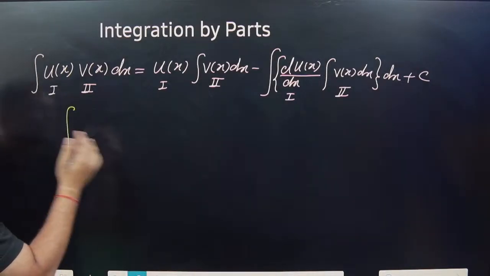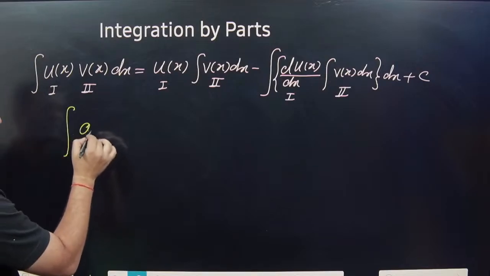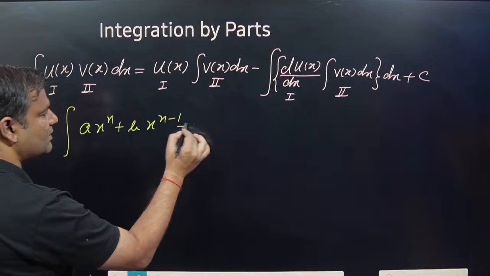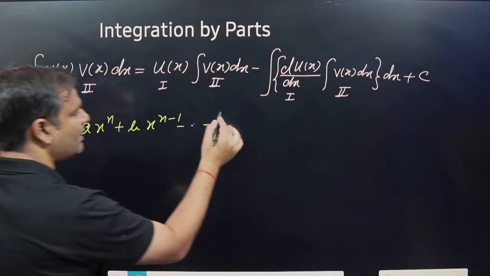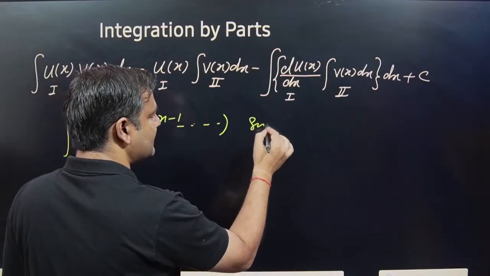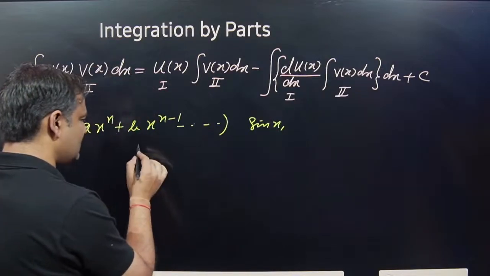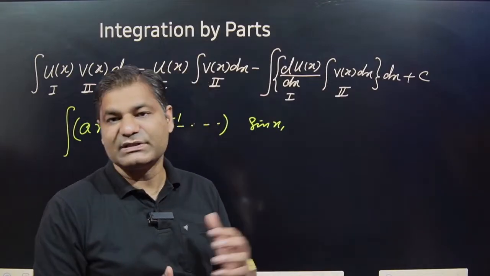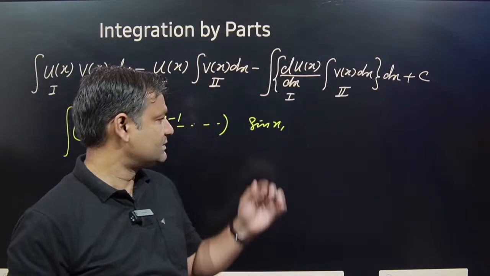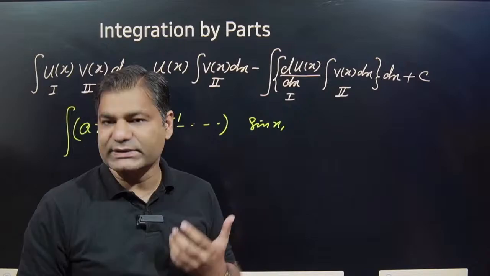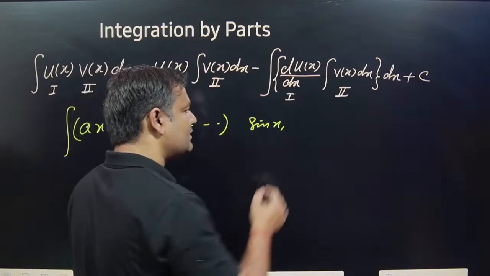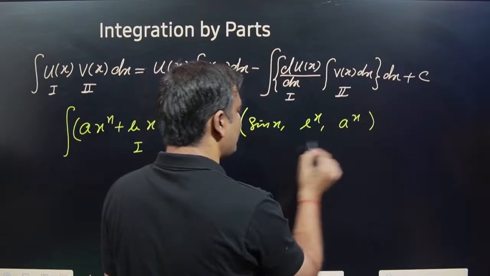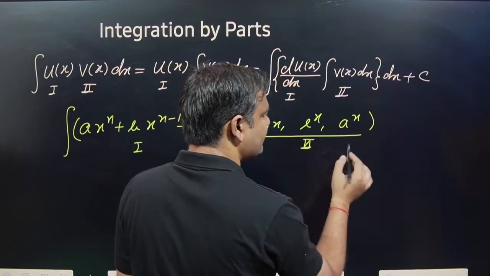Simply, if a polynomial function, meaning a x to power n plus b x to power n minus 1 and so on type function, is available along with sin x, a trigonometry function, just like sin x, not sin inverse x, simply sin x, or e to power x or a to power x type function is available, then this type of function is taken as second function. Clear?